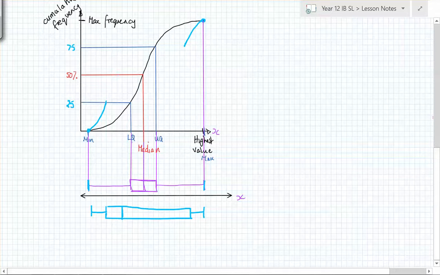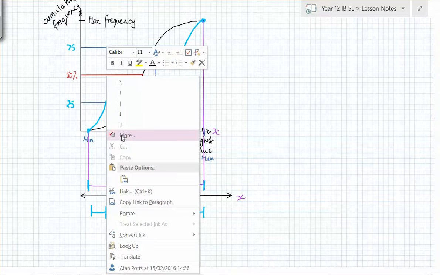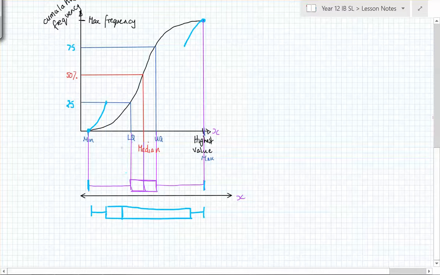It has to be steeper in the first place, so the first bit has to continue being steeper, and then the next bit needs to be less steep. So what we can see from our cumulative frequency curve is that the steepness of the line will affect the shape of the box.